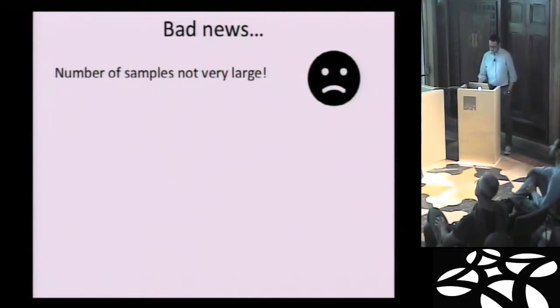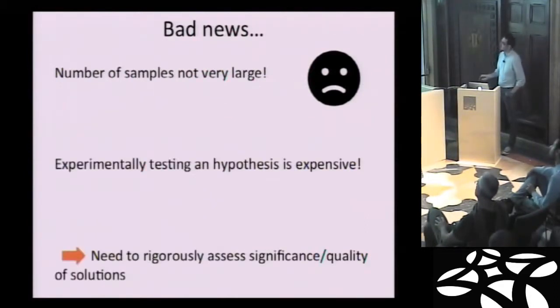So what we need to do is to rigorously assess the significance and the quality of the solutions that we report, in particular because what we want to do at the end is go to biologists and tell them that we have a hypothesis that we believe is true and that they should test in the lab. And these hypotheses are very expensive to test in the lab, in terms both of time and money.